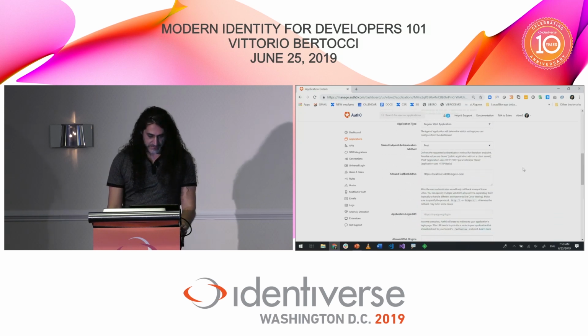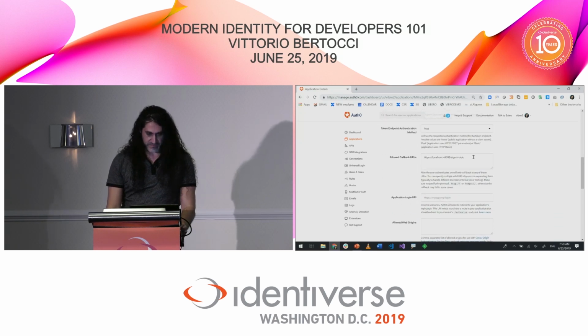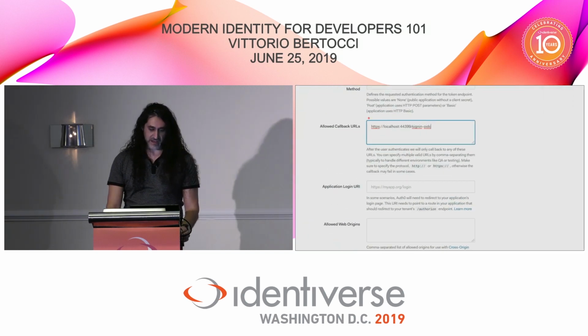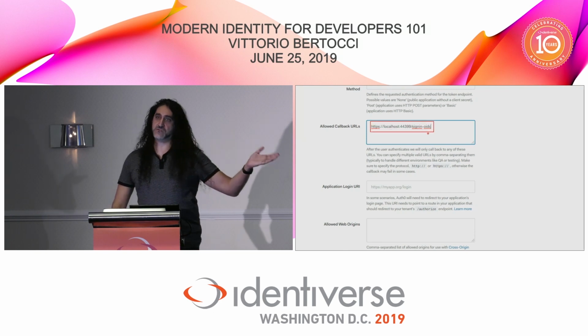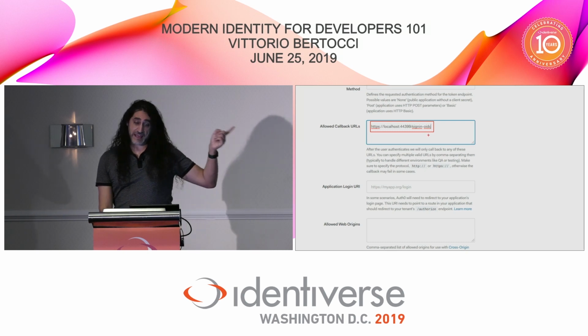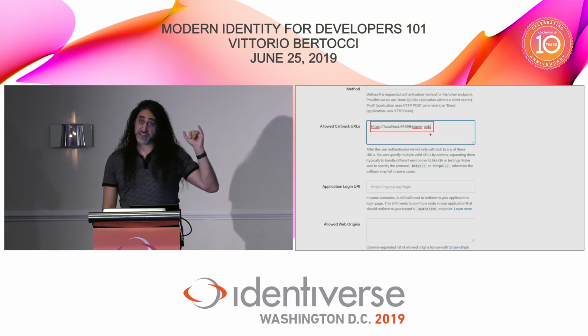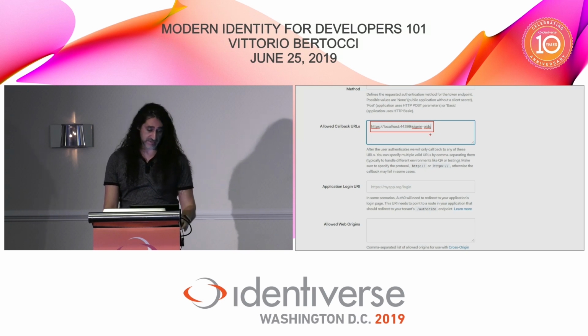And then, somewhere I have the address at which I'm expecting stuff to come back to. Basically, I'm telling the identity provider, once you're done and you need to send a token, please send it here. And if at runtime I try to get it at a different address, I'm not going to get it. This is going to be strictly enforced.